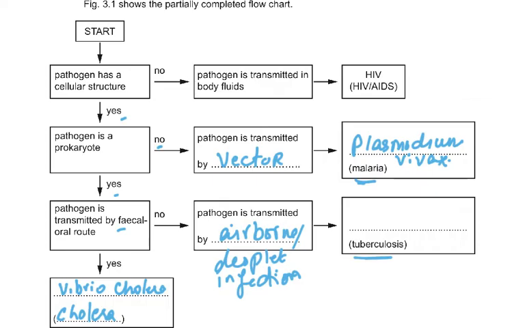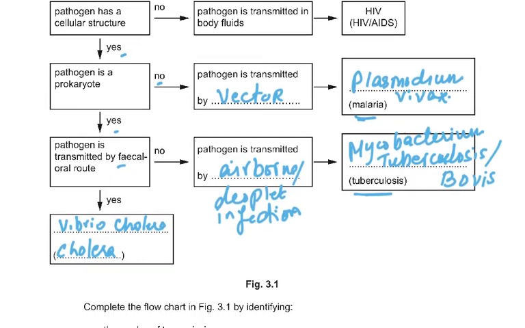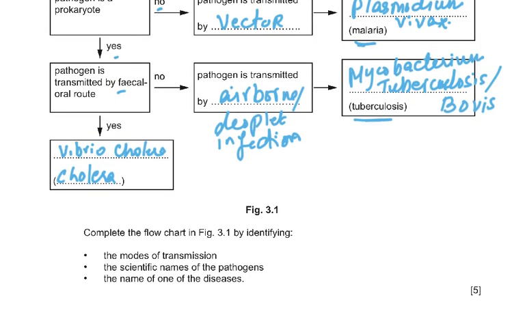And here, of course, it would be Mycobacterium tuberculosis, or you could have said bovis as well. Any one of these would have been fine. So this would get you 5 marks. You can see the 5 boxes, 5 marks.